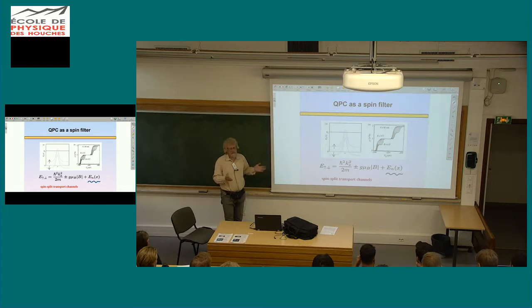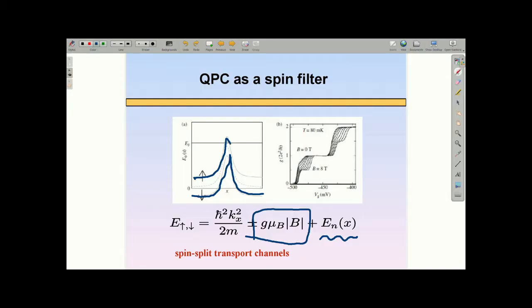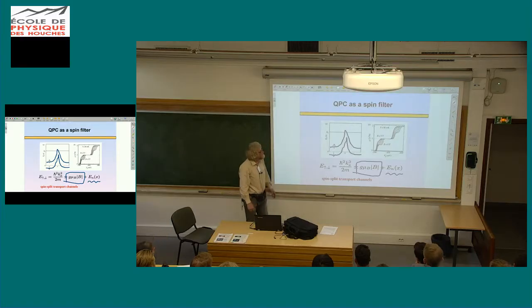If there are no spin effects, then we have either an open or a closed channel for both spin directions. But if we manage to put a magnetic field inside, the potential barriers for spin up, sorry for my drawing, and spin down are just different.